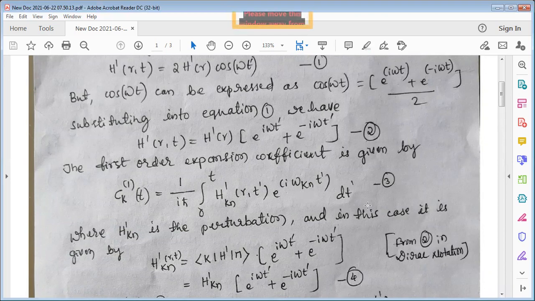This term indicates that there is a transition from state n to state k, and the superscript 1 indicates that you are in the first order.